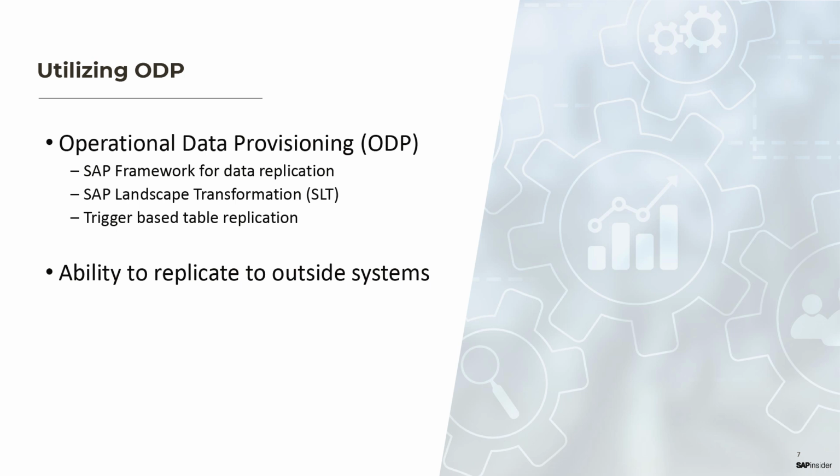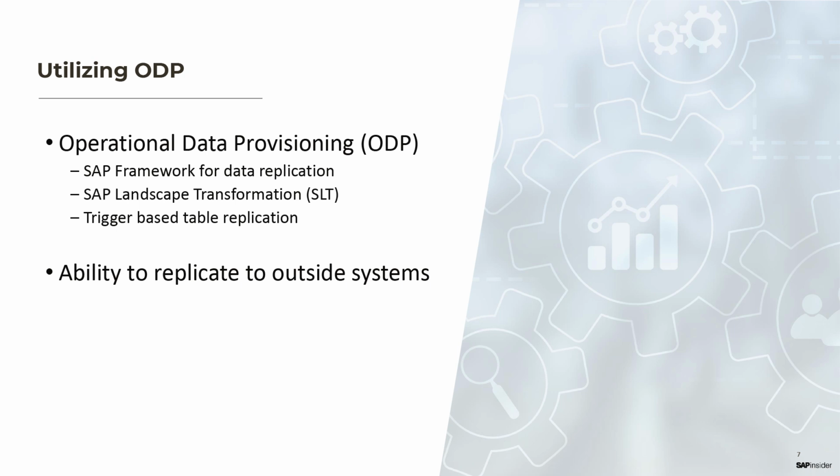So with that framework, and also utilizing the SAP SLT, or Landscape Transformation Framework, that gives you, in addition to this object and BW type delta loads, the ability to do this on a table-based replication. So setting triggers at the table level, so anytime there's a change, whether it's an insert, update, or delete, you're able to pull those changes over into your desired destination.